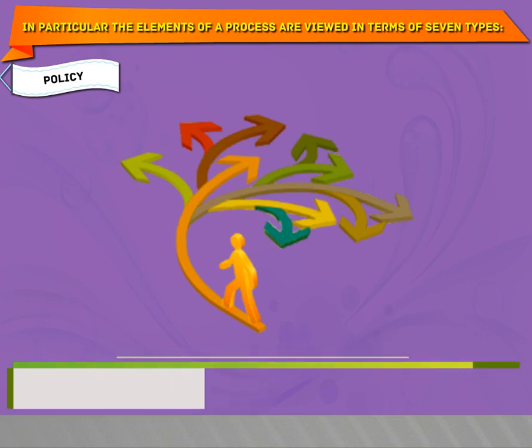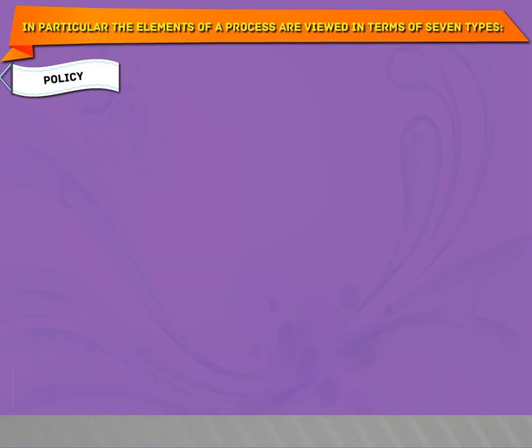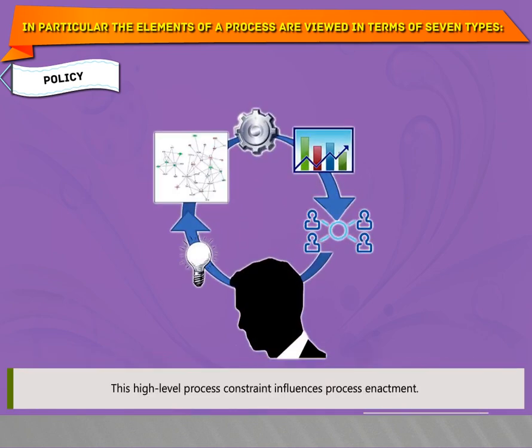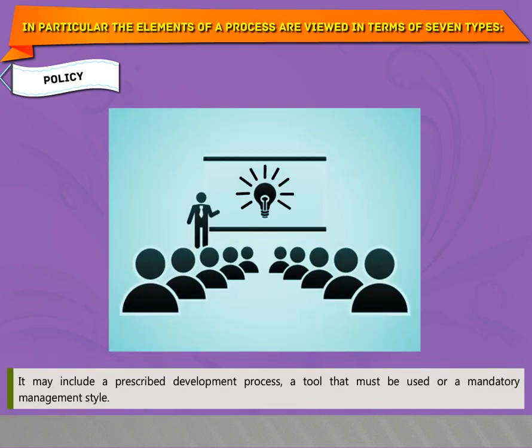Policy. Policy is a guiding principle. This high-level process constraint influences process enactment. It may include a prescribed development process, a tool that must be used, or a mandatory management style.